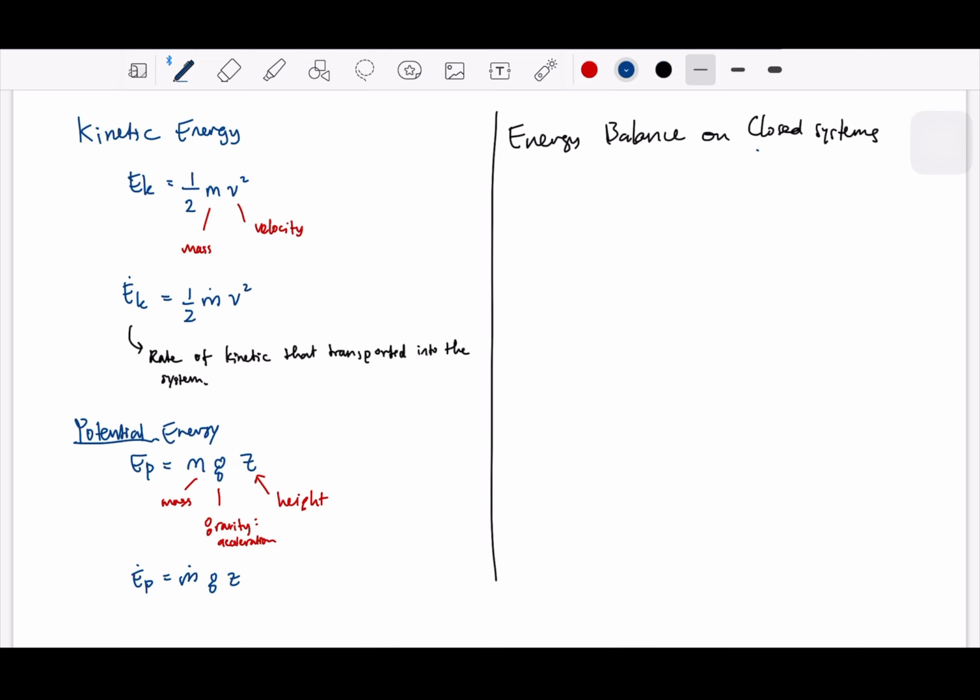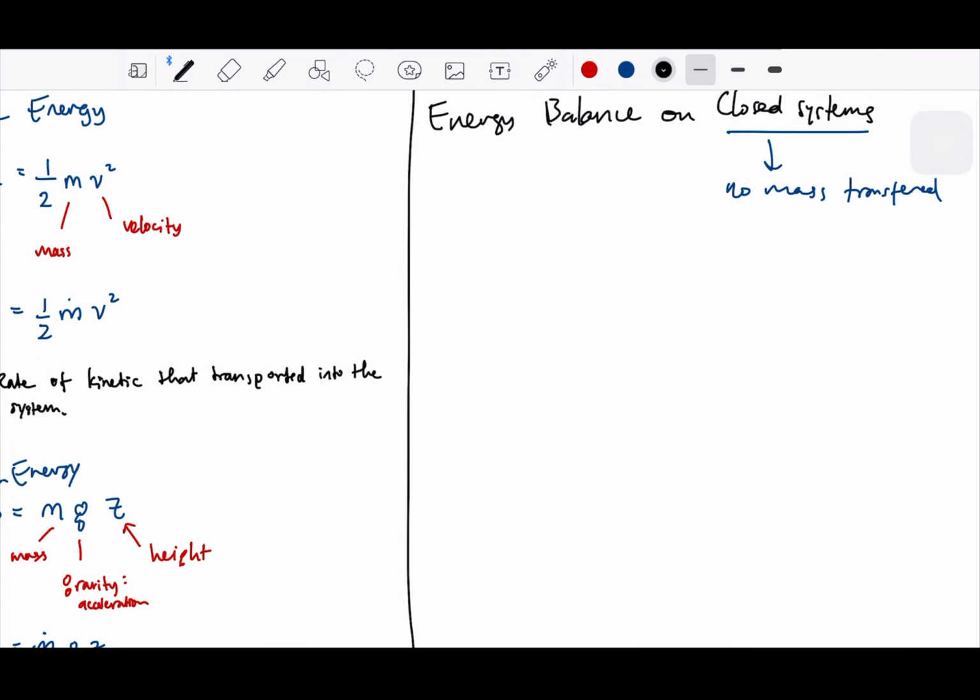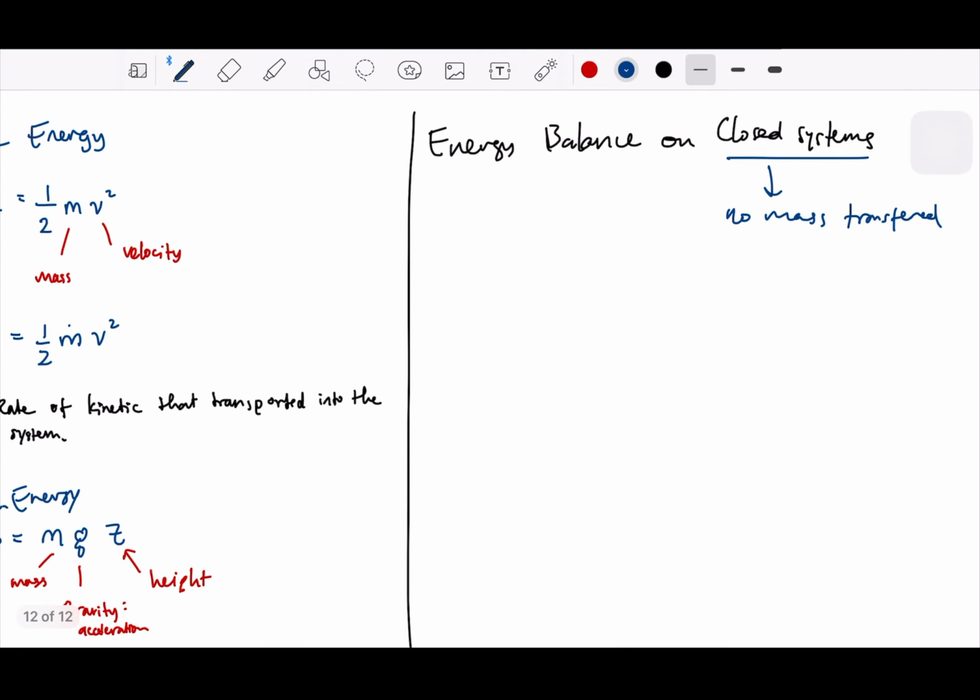As we mentioned, closed means no mass transfer. So the idea is we have input, we have output. Let me write input minus output. This will have accumulation.